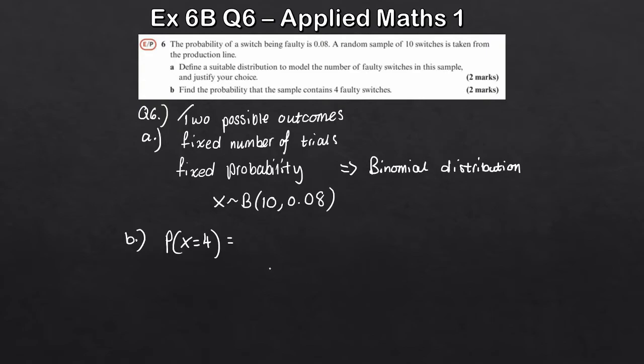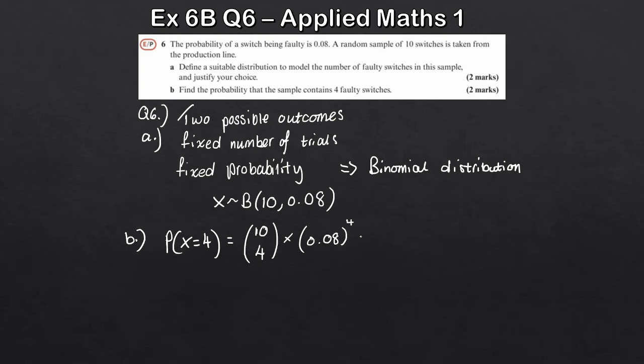So, doing this without a calculator, we need to use the formula that we know to work out its probability. It's binomial. So, what is this formula? So we've got 10 switches. We want to choose 4. So this is 10 choose 4. We times this by the probability of success, essentially, which is 0.08. We raise that to the power that we want, so that's 4.